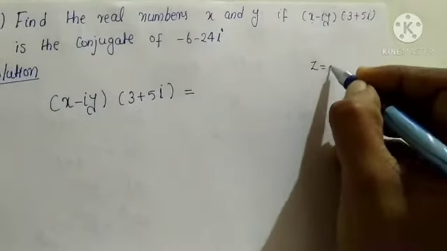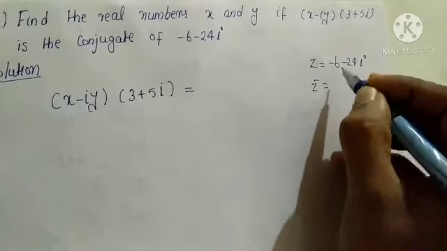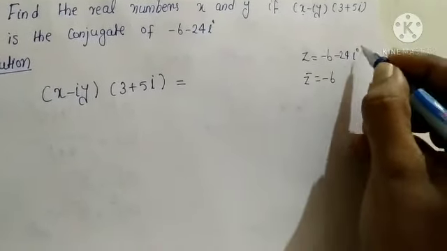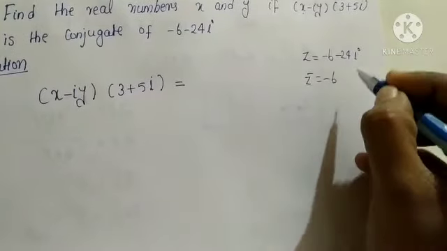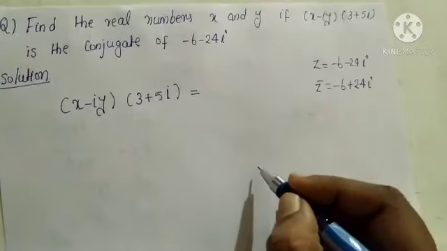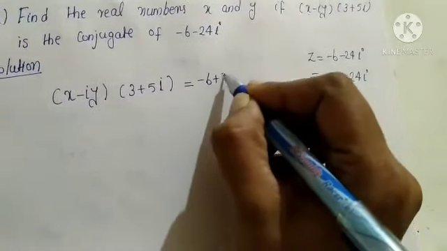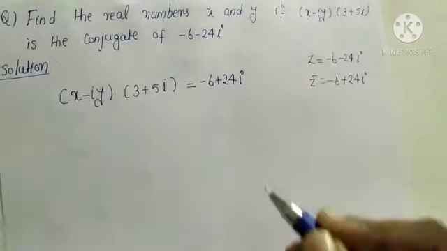So if z equals minus 6 minus 24i, the conjugate of this number will be minus 6, changing the sign of the imaginary part, plus 24i. So I am writing here minus 6 plus 24i.